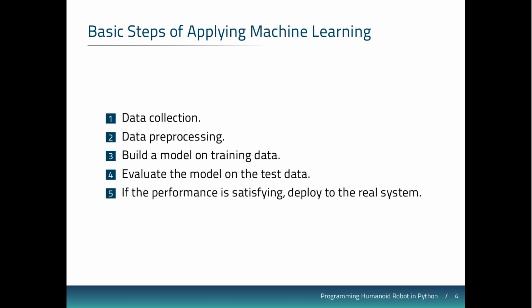Let's first look at the basic steps for applying machine learning. Maybe you already learned from other lectures. Here I will give you a brief overview. First, we have to collect data. Instead of thinking about or analyzing the domain problem, we collect data.